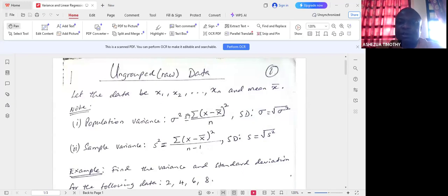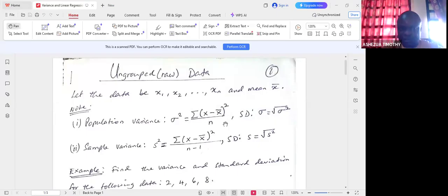I was trying to particularly explain why at times the formula is divided by n, and at times it is divided by n minus 1. The gospel truth is that if you are dealing with a whole population and you are asked to find the variance and standard deviation, you divide by n.